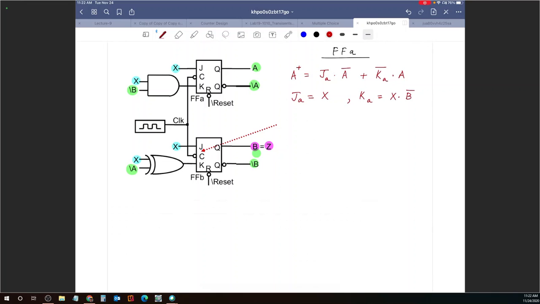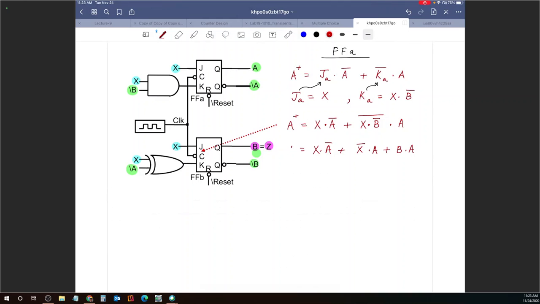Now I can substitute these back into my equation. So A plus is going to equal X and A complement, or X and B complement, the entire thing complemented, and A. That gives X and A complement, or X complement and A, or B and A. Let me write down this answer here.